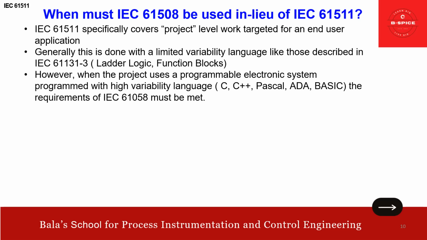Only in this case, with limited variability language, ladder logic, function block, can we use it. But otherwise, when the project uses a programmable electronic system, predominantly, then whatever the requirements of 61508 must be met. I hope you got it.